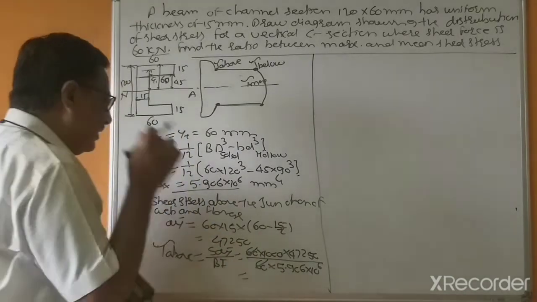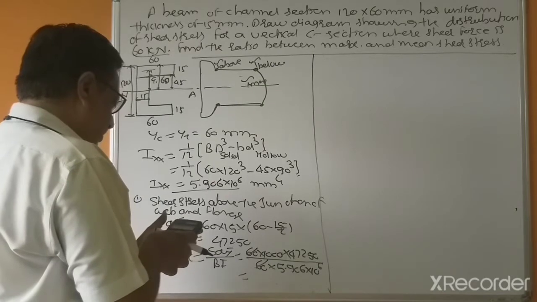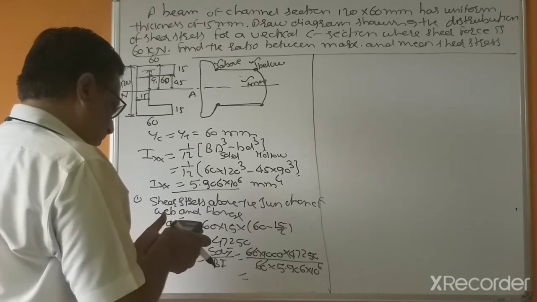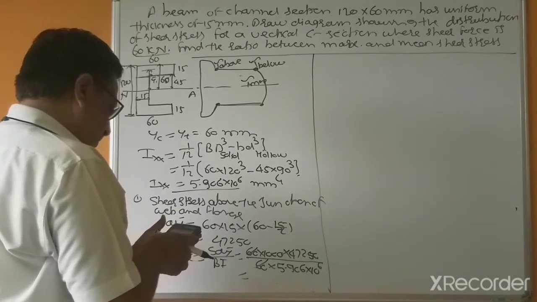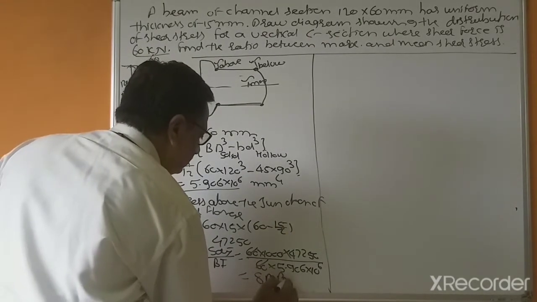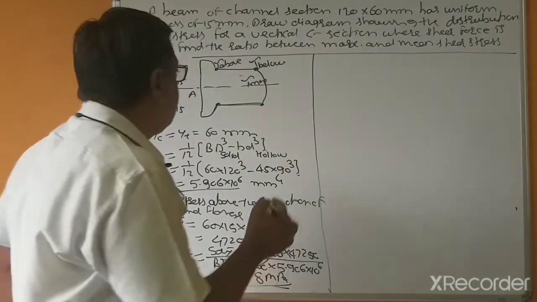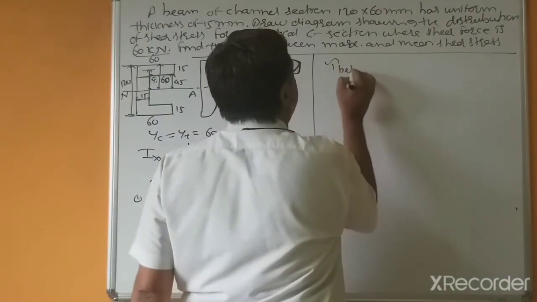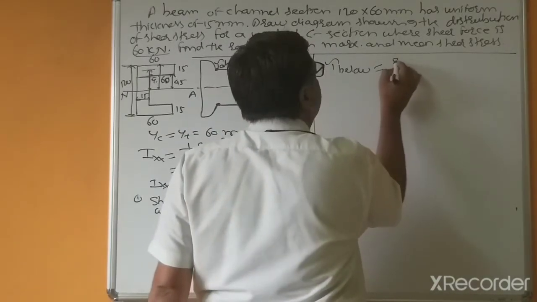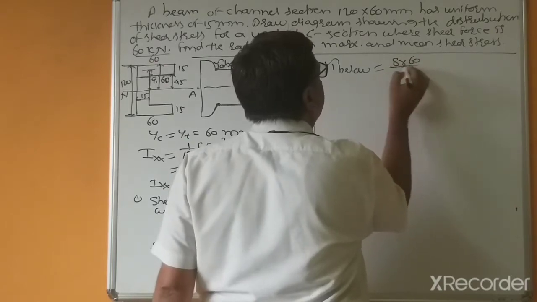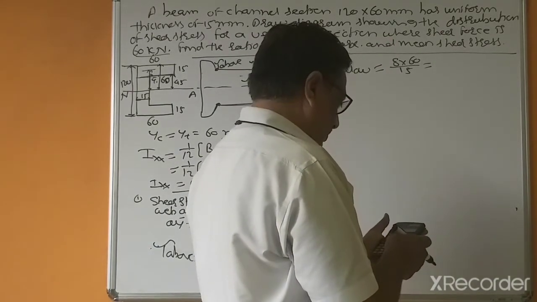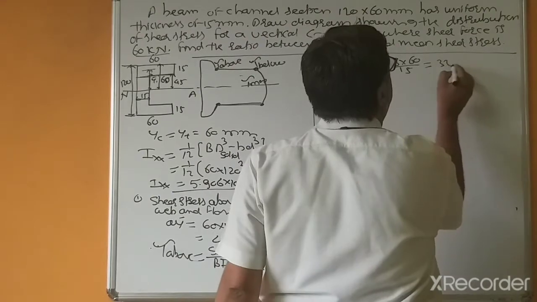So this 60 will get cancelled, multiplied by 1000 divided by 10 to the power 6 divided by 5.906, and this is 8 megapascal. So that's why below equal to 8 multiplied by 60 divided by 15, this is multiplied by 4, 32 megapascal.